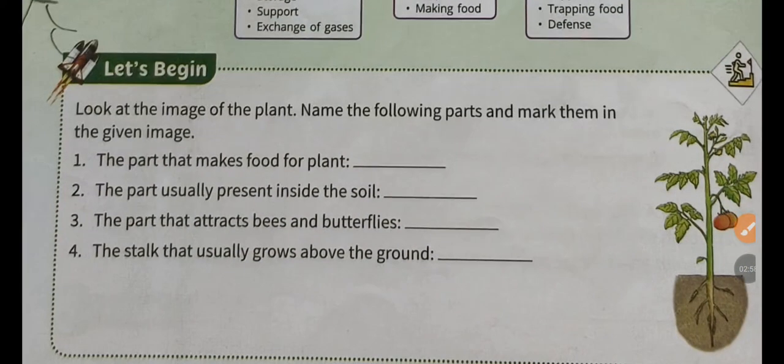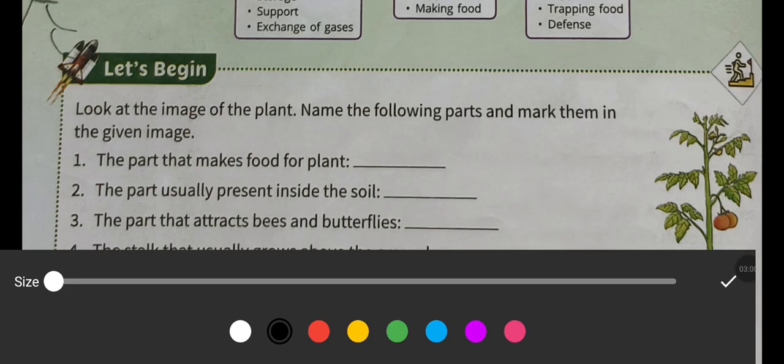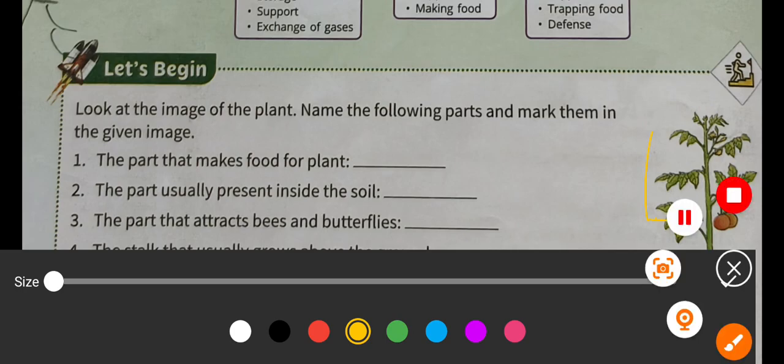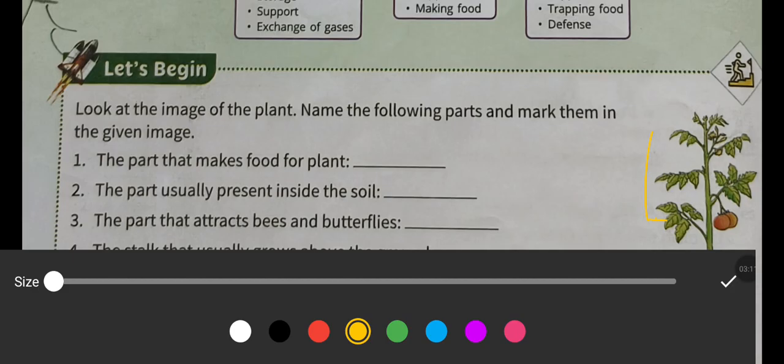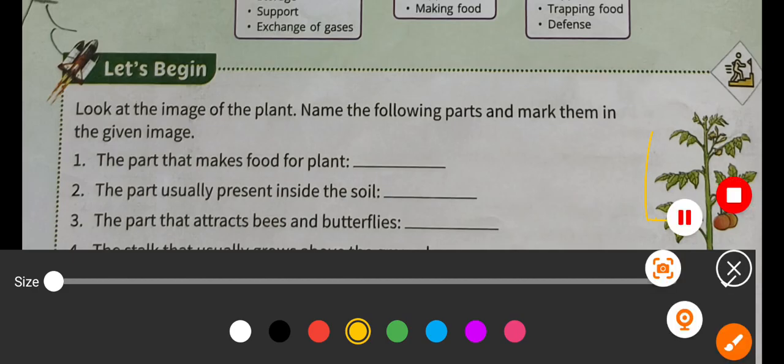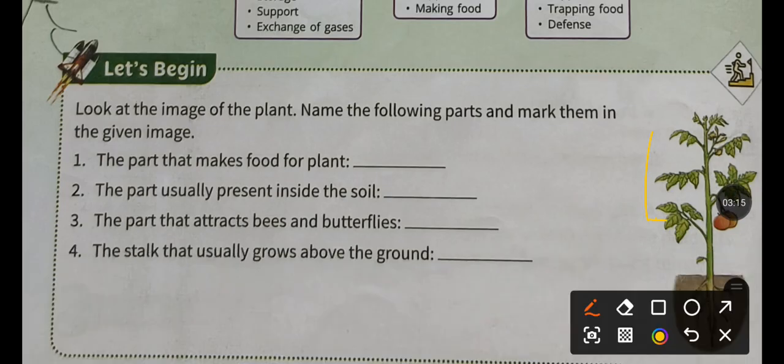Now here are some questions over here. You can see a plant like this, and in this plant you can see something common. This plant has so many different parts just like other plants, and there are some questions along with it, and we have to answer the questions based on the image of this plant.